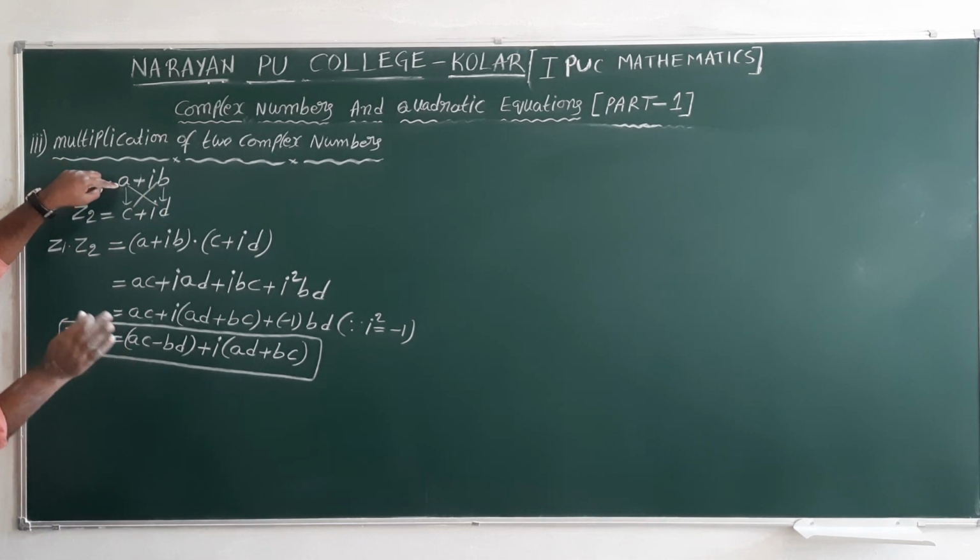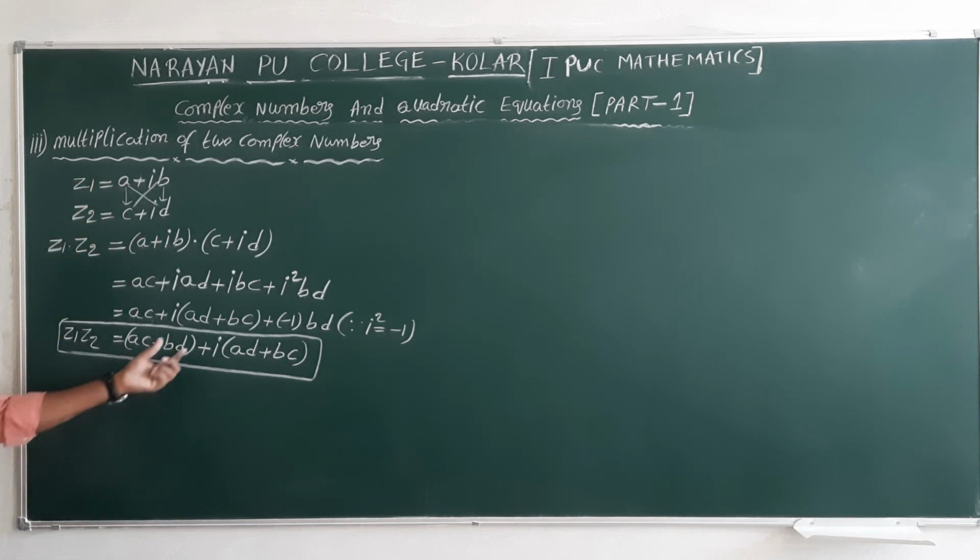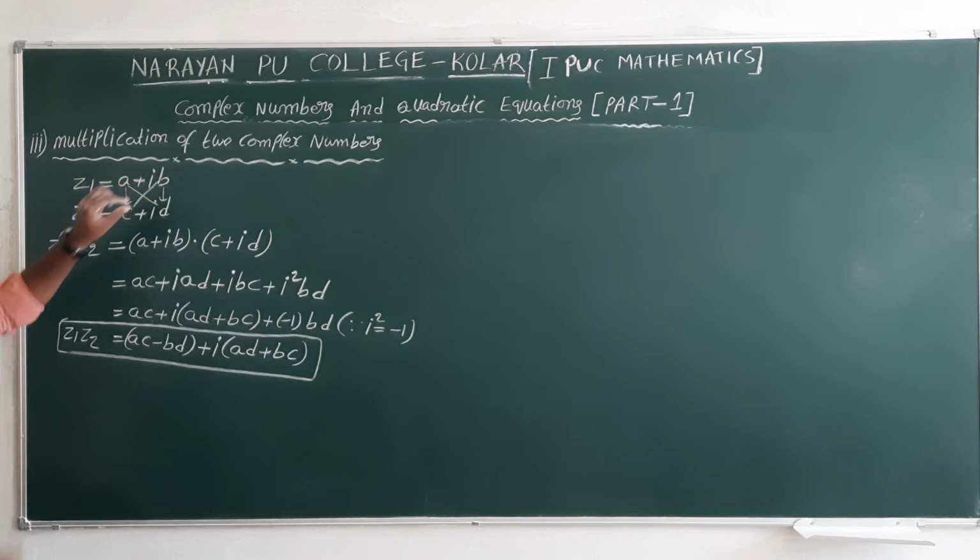This is only for verification of whether the multiplication is correct, but don't do it directly in the exam. You should follow like this: first vertically AC minus BD, that is the real part, plus imaginary part, diagonal multiplication with plus, AD plus BC. Like that we can multiply two complex numbers.